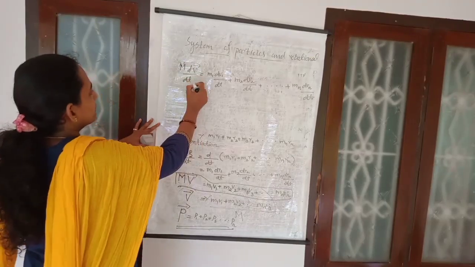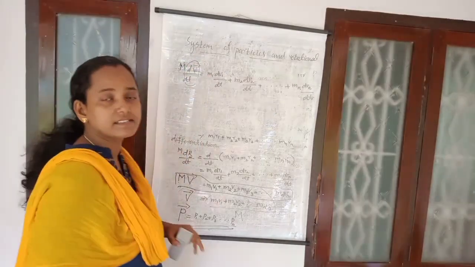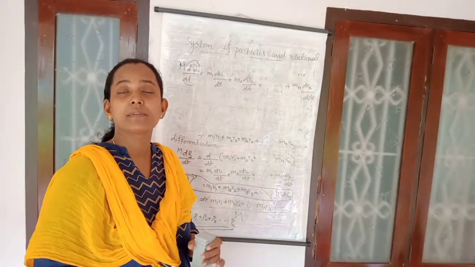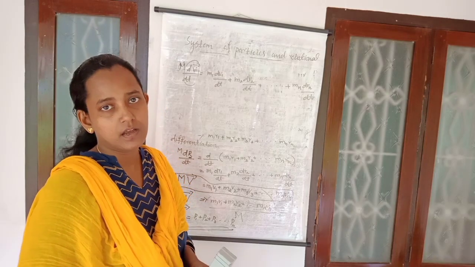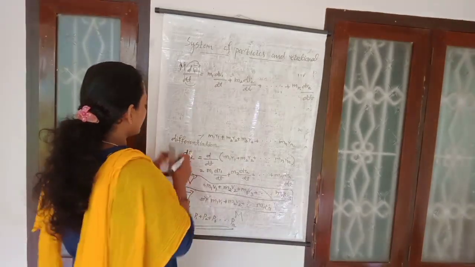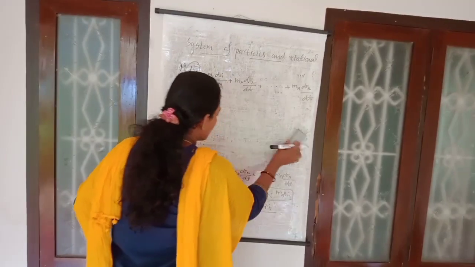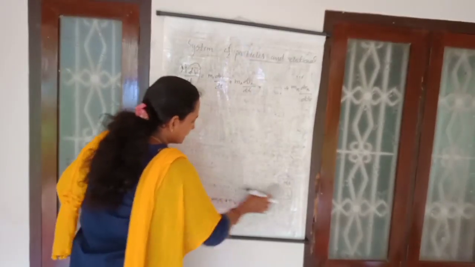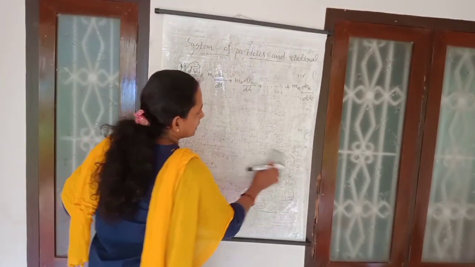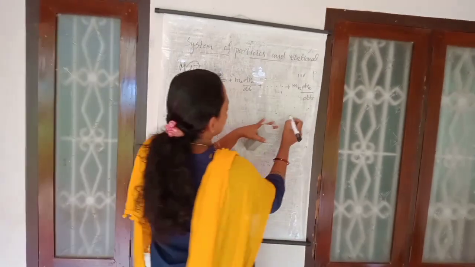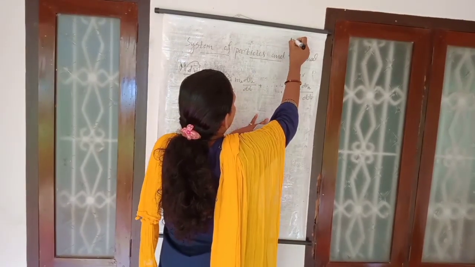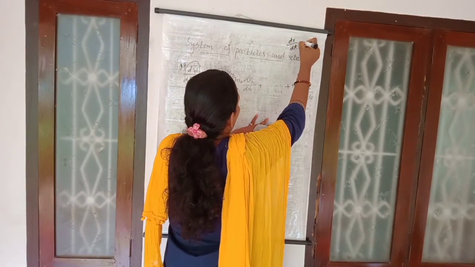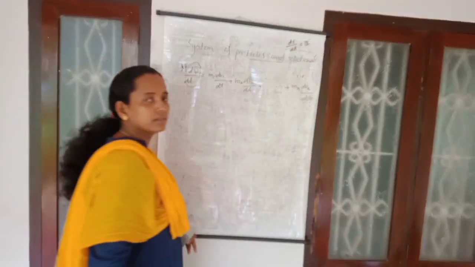What is the meaning of this? It means the time rate of change of velocity. Time rate of change of velocity of a particle, dv by dt, stands for its acceleration.